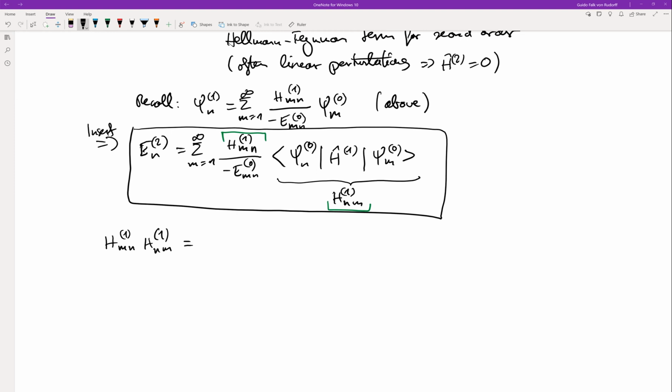Now this is exactly psi_m0 with the first perturbing Hamiltonian. Now we have the same thing, just with an inverted order of our bras and kets.